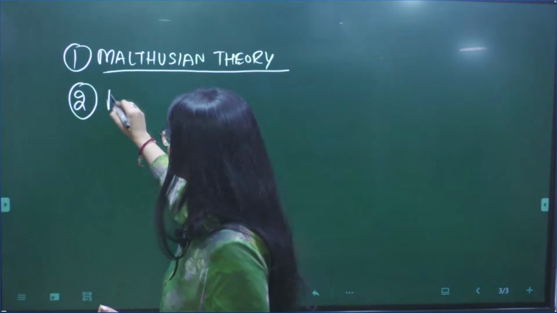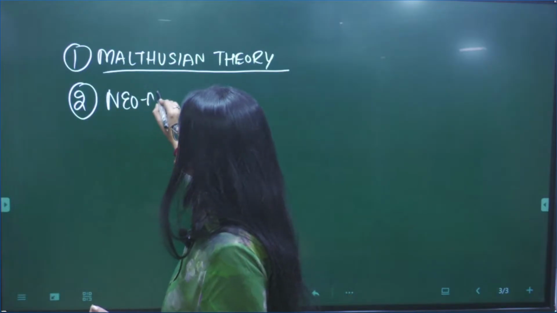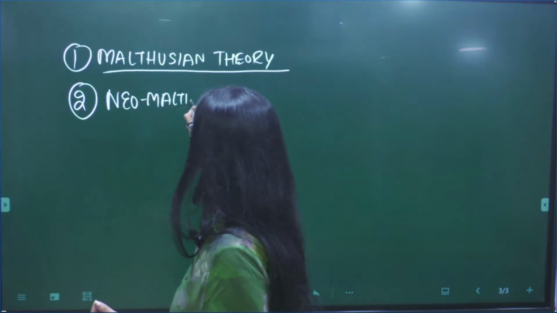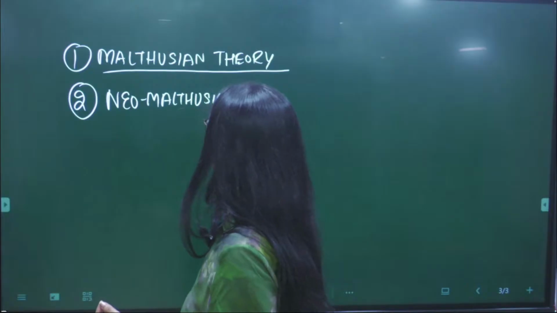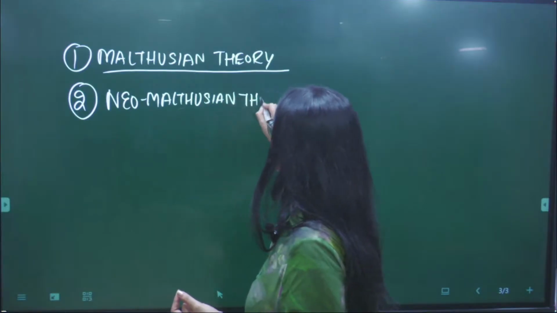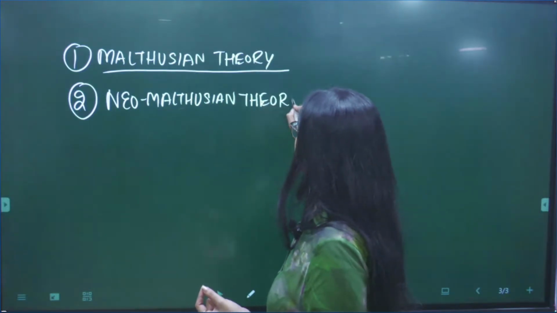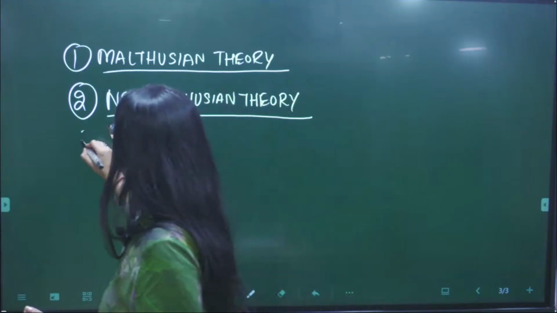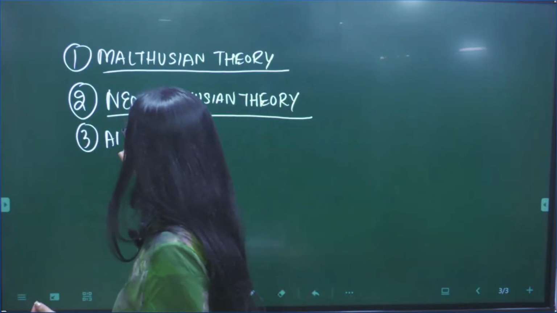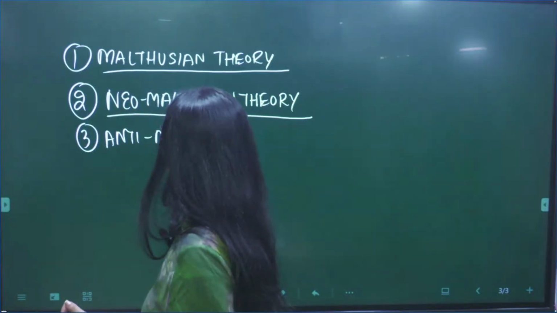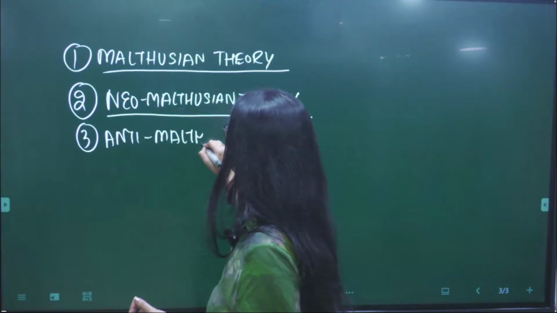Second, I'm just telling you the order in which we'll be going: Neo-Malthusian theory. Next theory that we have is anti-Malthusian theory.